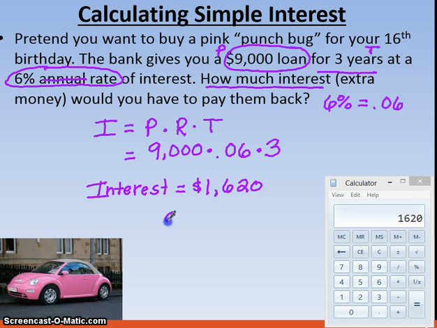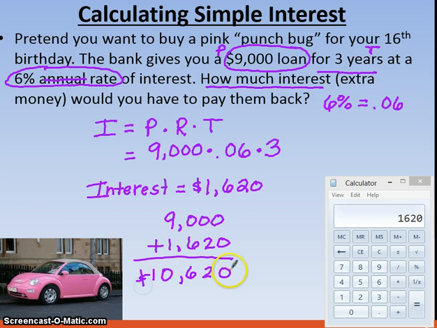So you would have to pay back the $9,000 that you used to buy the car, plus an additional $1,620, giving you a total of $10,620 in all. That is how much you would have to pay back the bank in all.